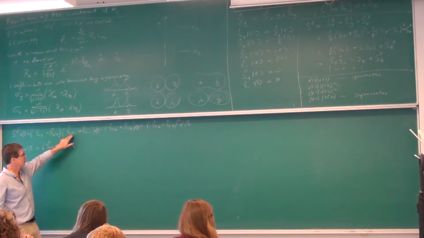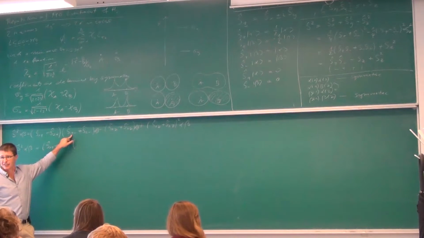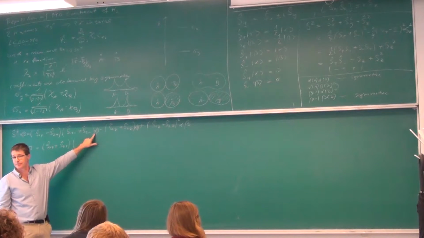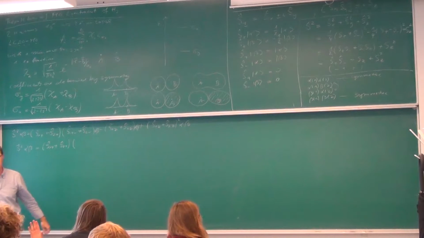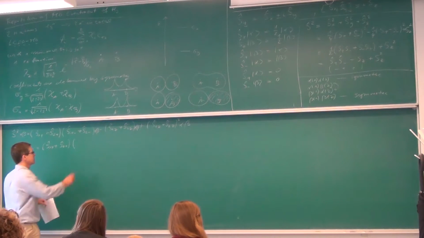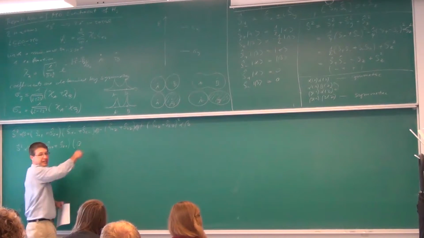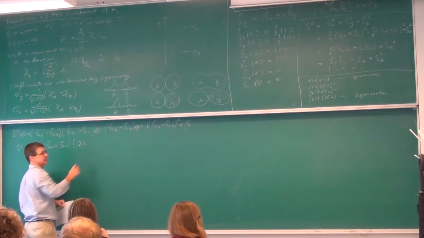And this is S1, so that's only going to act on the function which goes with electron 1. So this is going to act on alpha. S1 minus on alpha gives us beta, right? And this operator is not doing anything with the function which goes with electron 2, so that stays as it is.